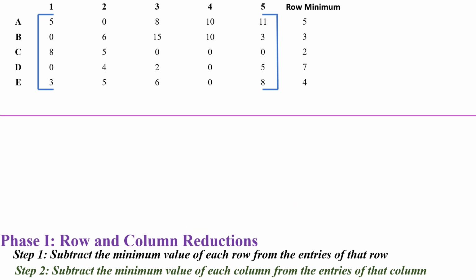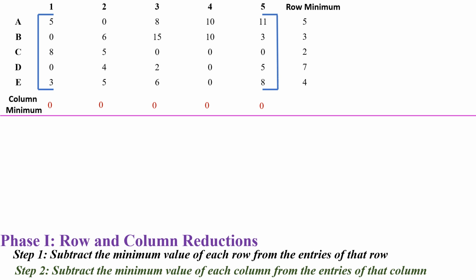Next we subtract the minimum value of each column from the entries of that column. Now find the minimum value in each column. For the first column, minimum value is 0. Similarly, in the second column, minimum value is 0. In the third column, minimum value is 0.